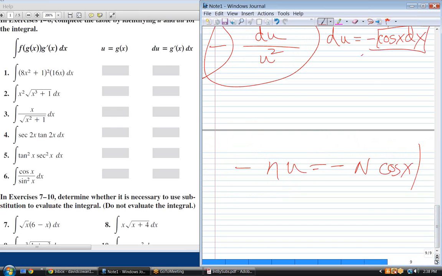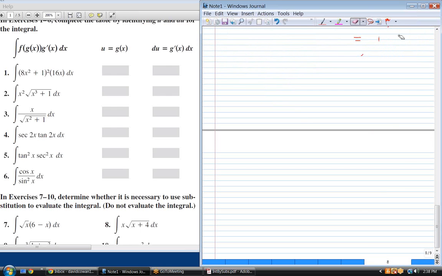I don't want to waste time doing stuff that I know you know how to do, because I actually have quite a bit of material to cover today if we're going to cover all of it, which I don't think we are. There's one other kind of substitution. There's only two kinds that I know. One follows this pattern here, where you have a composite function multiplied by the derivative of the inside.